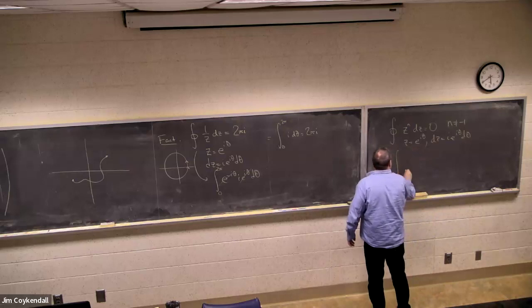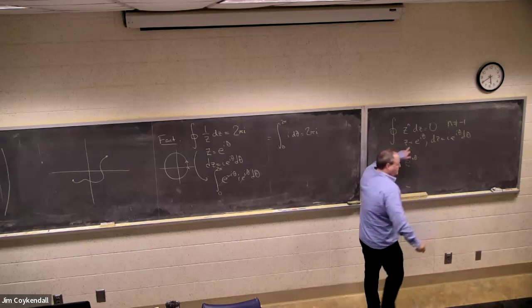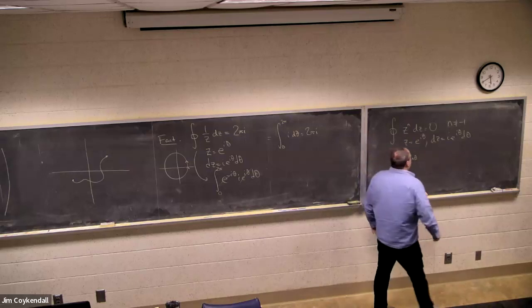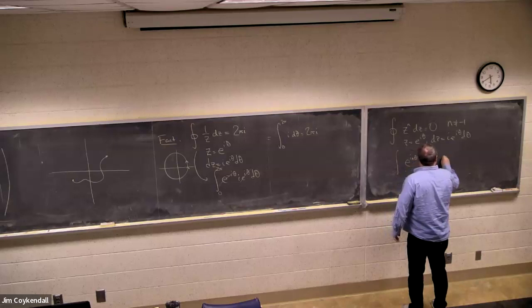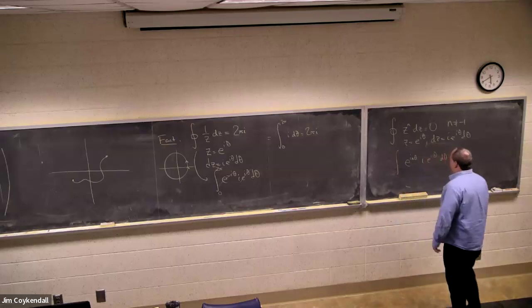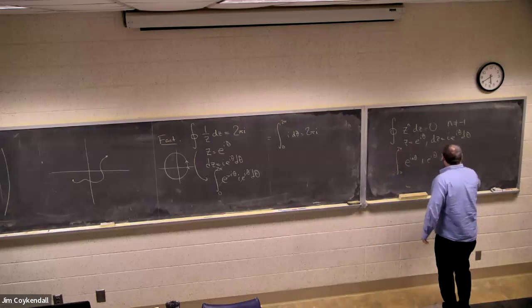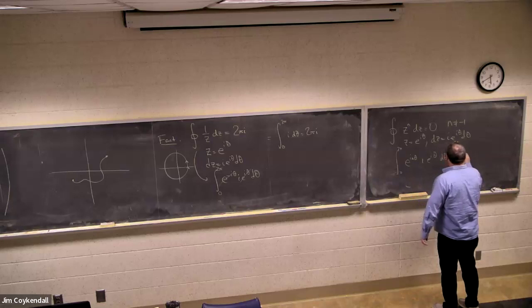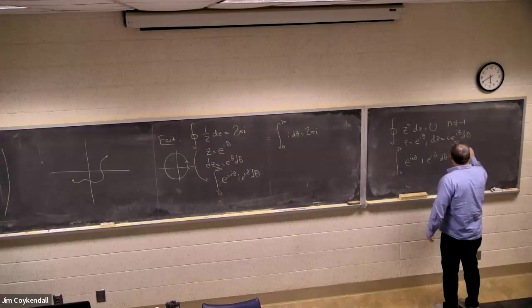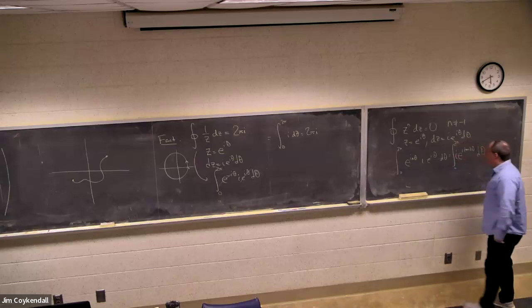So this is the integral of e^(i n theta), the nth power of that, times i e^(i theta) d theta from 0 to 2 pi. So this is the integral from 0 to 2 pi of e^(i(n+1) theta) d theta.